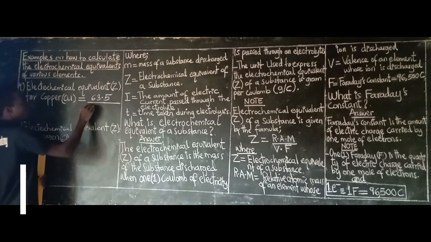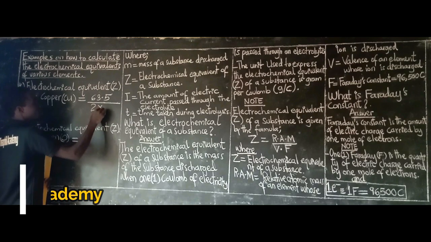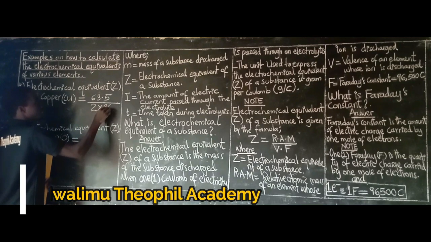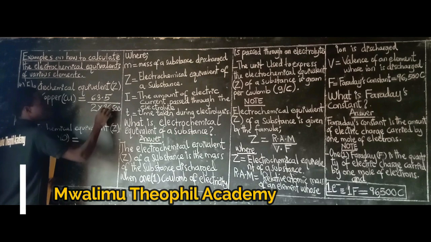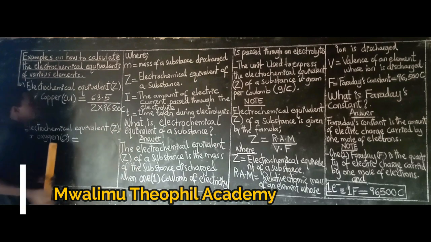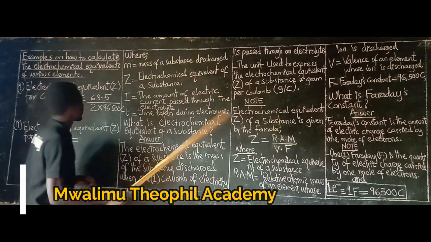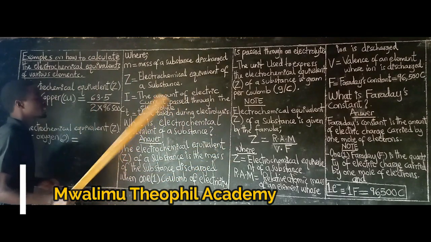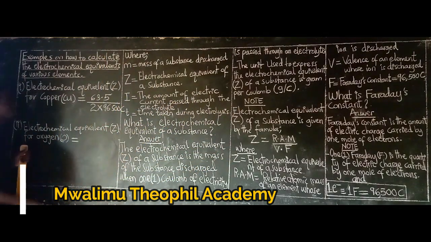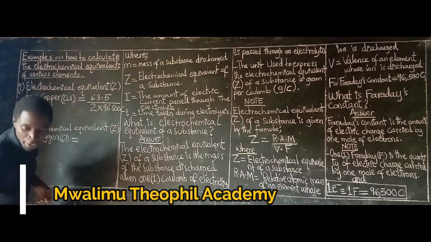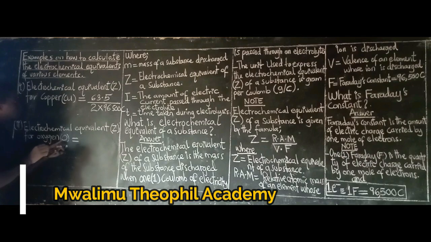The valence of copper is 2 times Faraday's constant, which is 96,500 coulombs, as we have said that 1 Faraday is equal to 96,500 coulombs. So here, what are we going to get? Now let us compute it by using a calculator. It is 63.5 over 2 times 96,500.